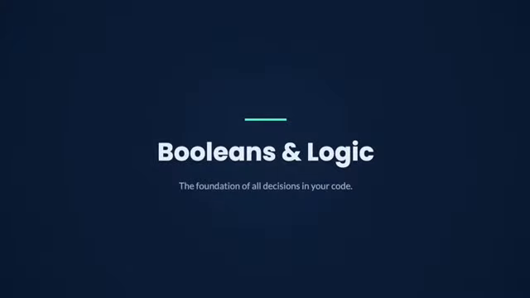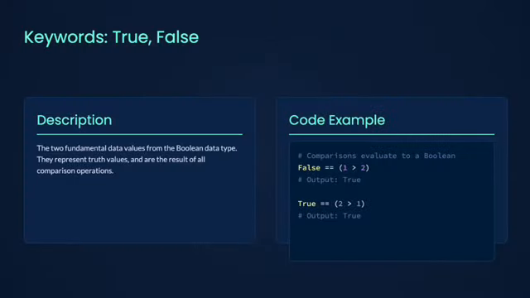So first up, we have the foundation of all the decision making in code. We call it booleans and logic. This all starts with True and False. These are not strings. They are special data values that represent, well, true and false.